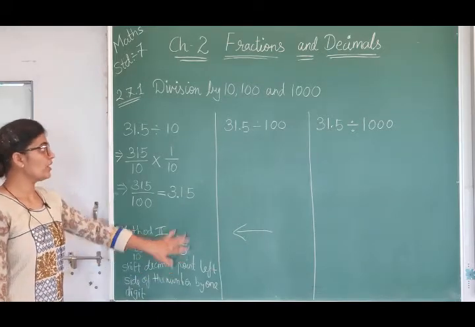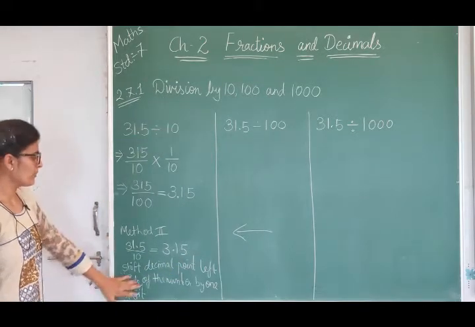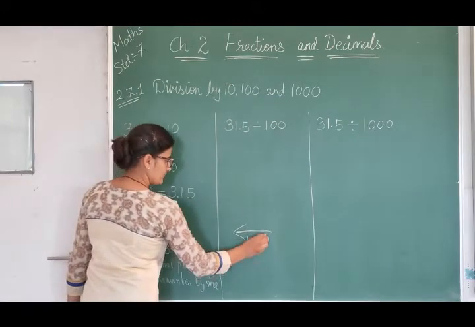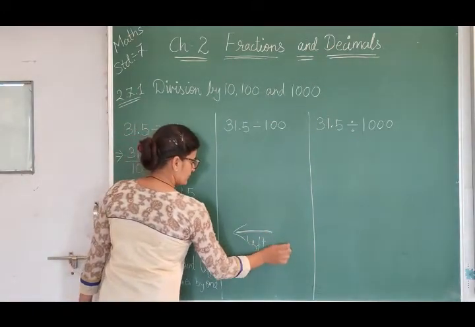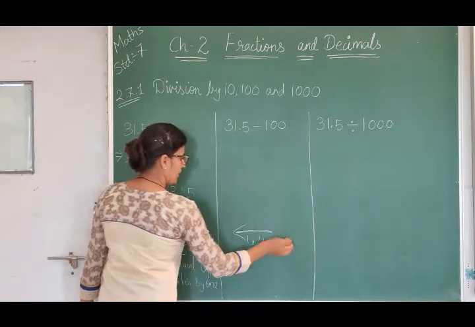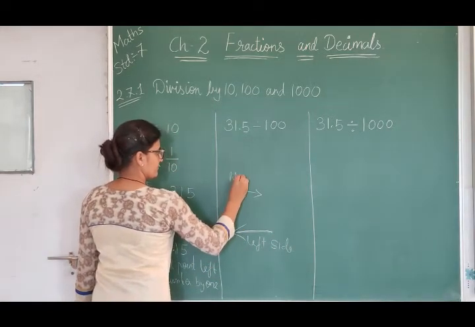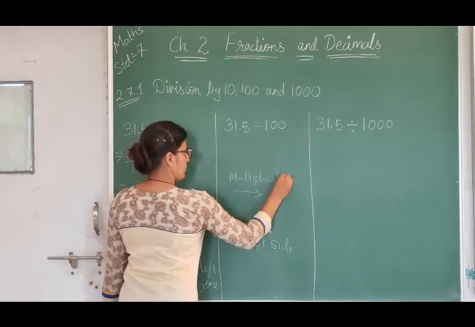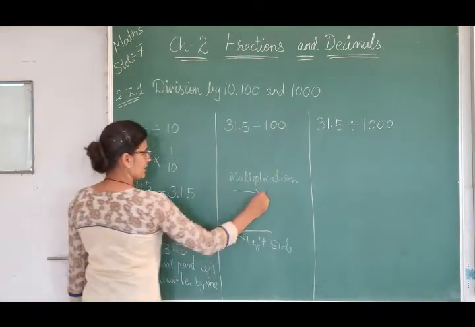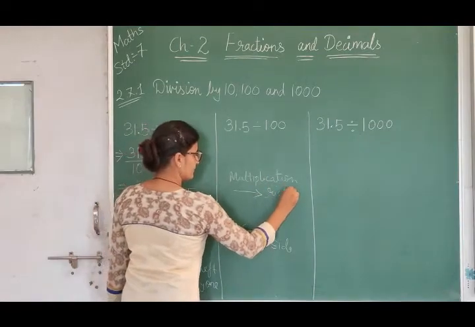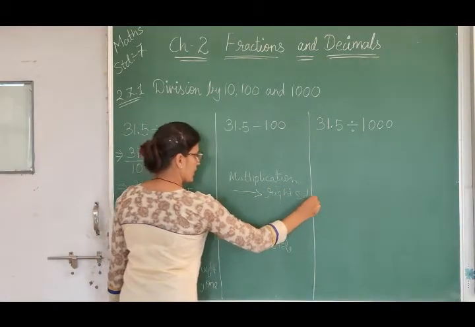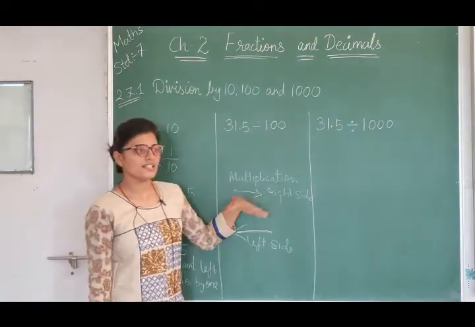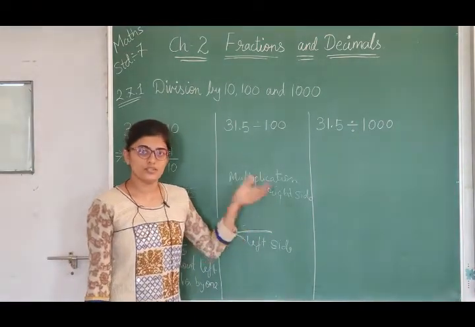So whenever you are doing division, then we have to put the point on the left side. When you are doing multiplication, then the point is to be shifted to the right side. That means whenever you are multiplying, the answer should be greater than the question given.